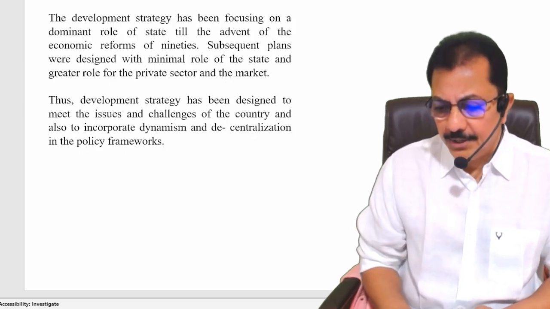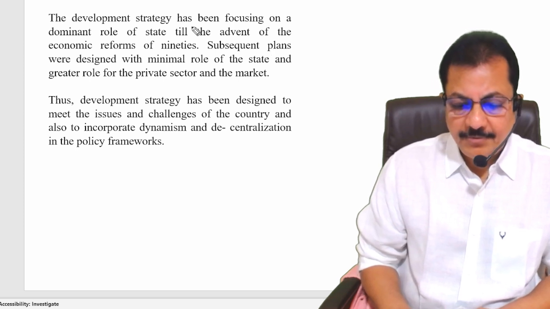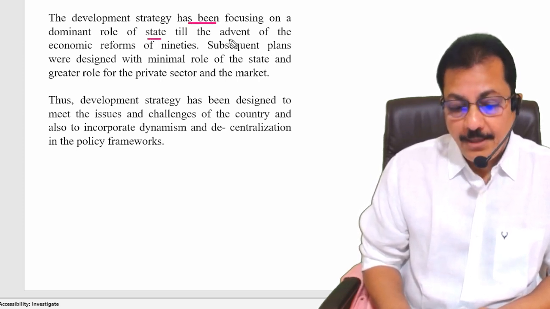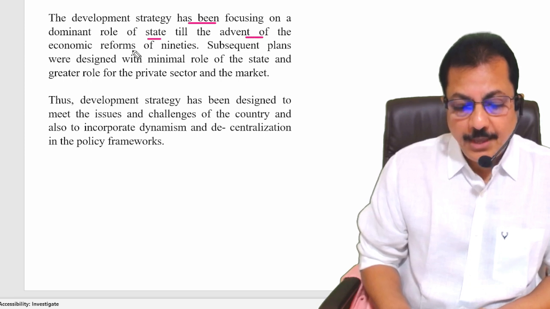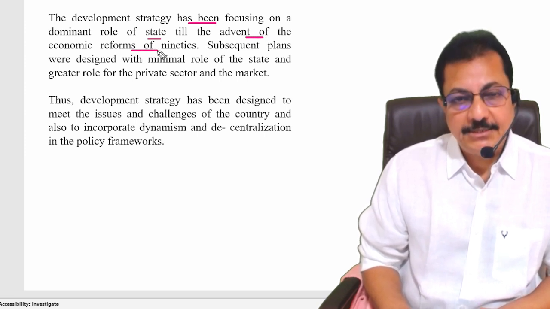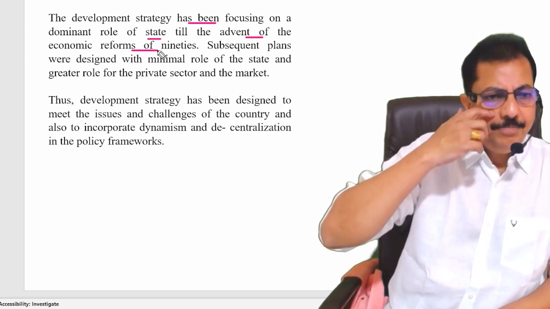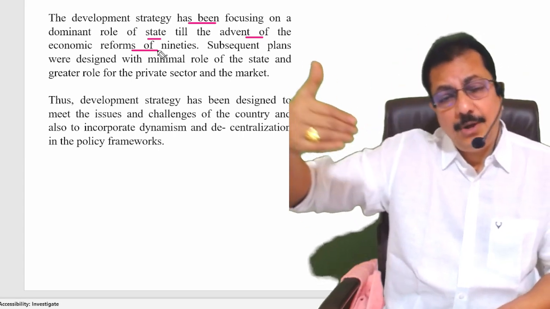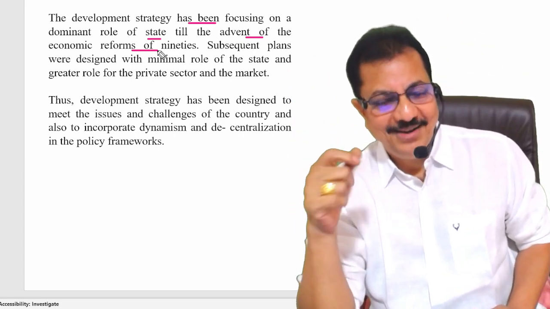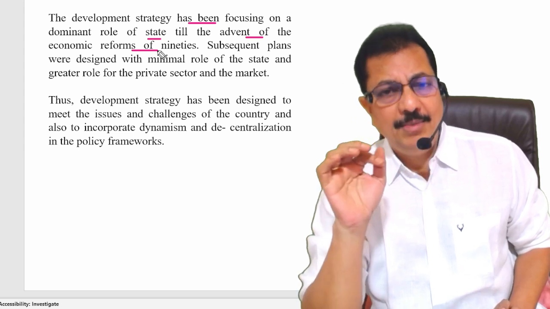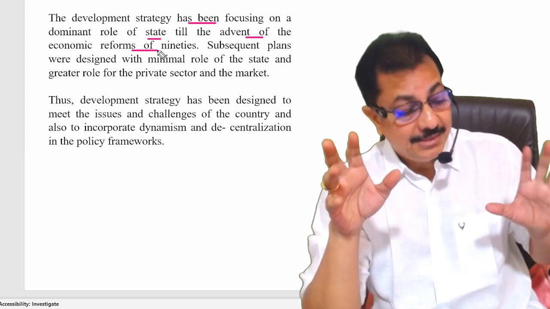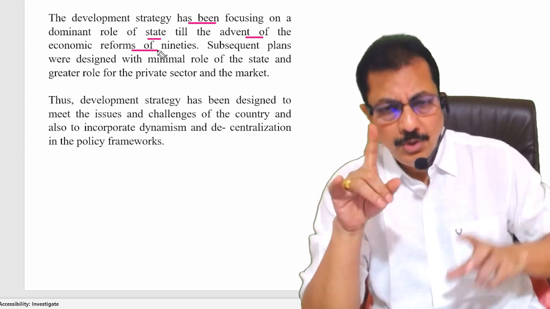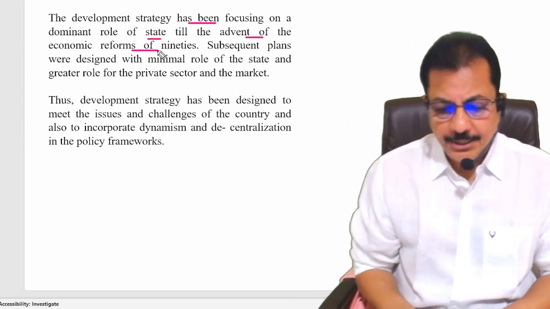Clear? Look at this. The development strategy has been focusing on a dominant role of the state till the advent of the economic reforms. That is the reason why the domination of the state, the government, continued up to the 1990s. Clear? In 1991, we came across the economic reforms that changed the role of the government from domination to cooperation and coordination.